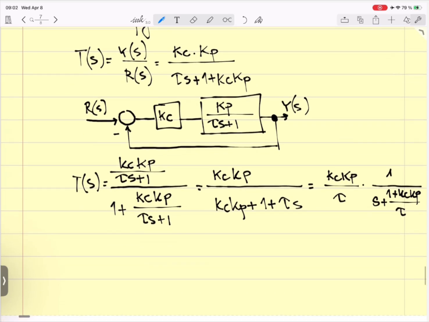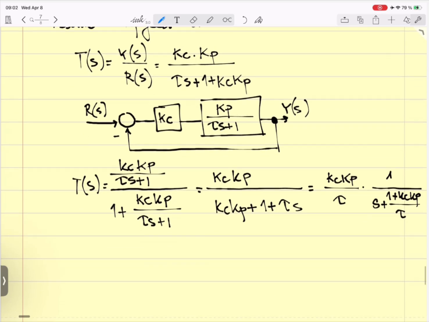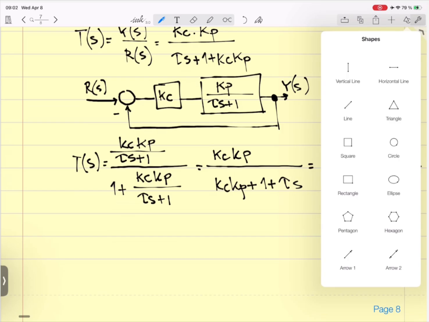If we say we have a step input, same question as before.